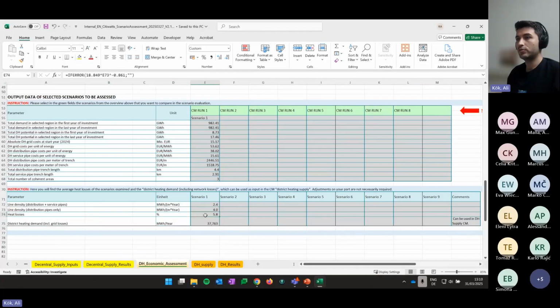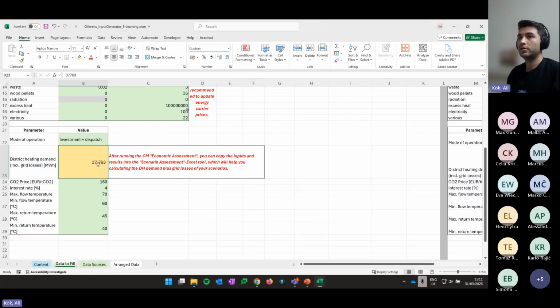Of course, you need to assume what the losses are in percentage, so I copy this value and paste it here so that I am in line with that. It's also important to use the same interest rate here. Then you can also define the CO2 price and the grid temperatures, as I said.